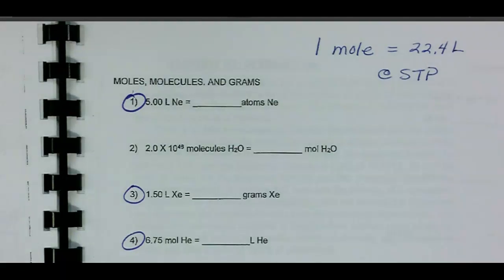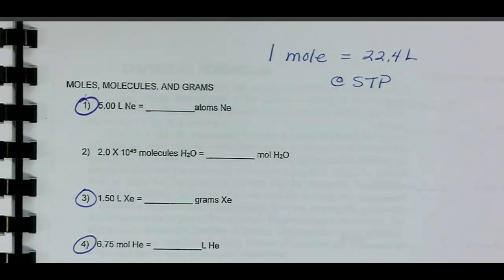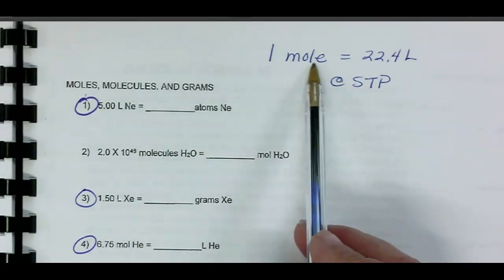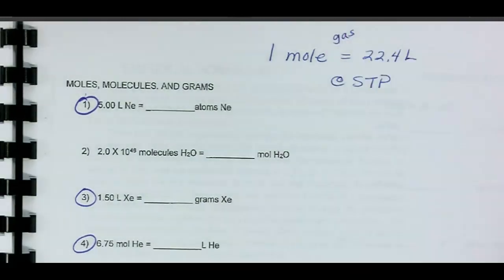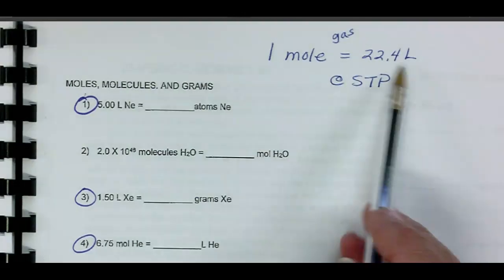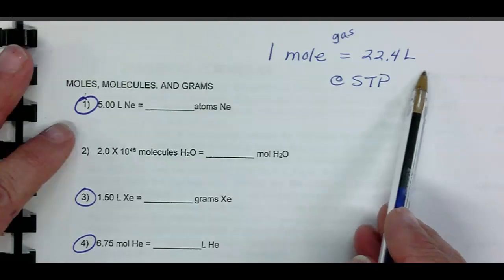This one has one conversion factor that we're going to use. The rule is that a mole of a gas at standard temperature and pressure is 22.4 liters. That's the conversion factor we're going to be using.